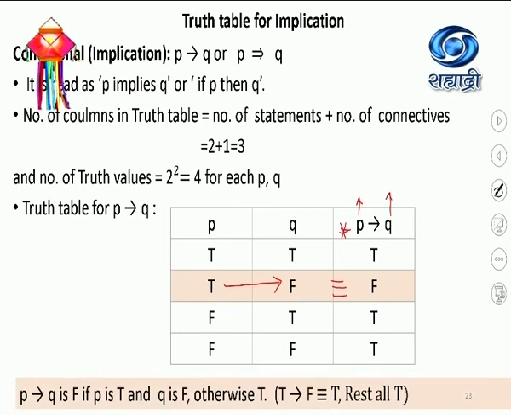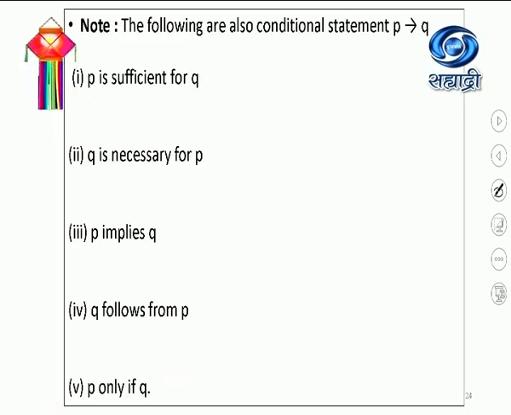So to remember the truth table for implication, please note only T implies F is F. That means take the value of P first and then the value of Q. You get F only then, and the rest will all be T.